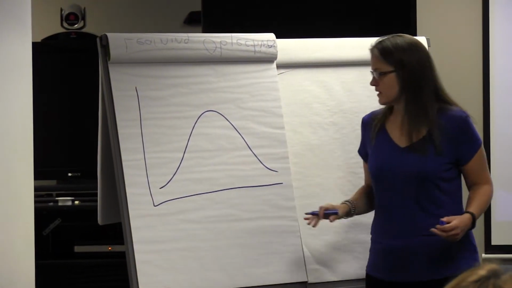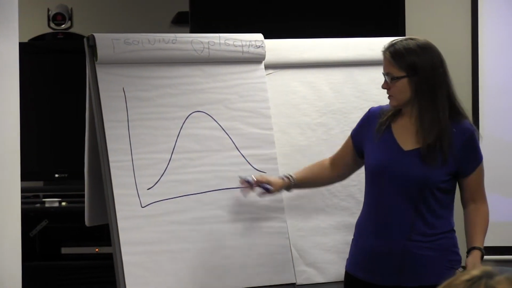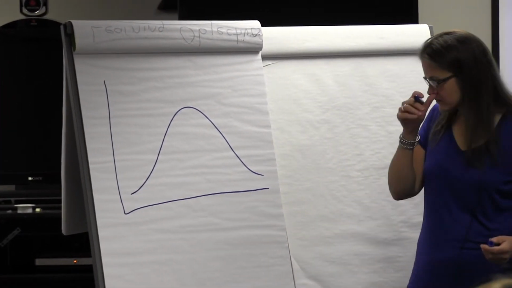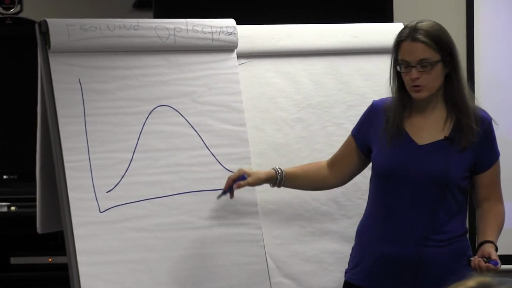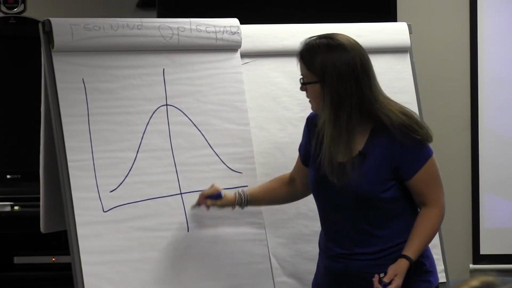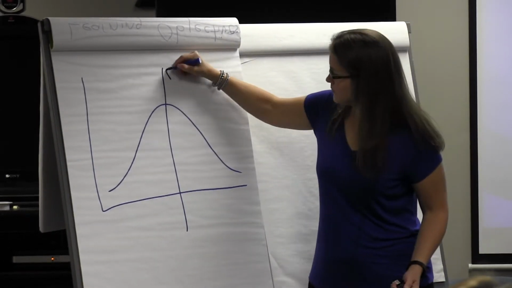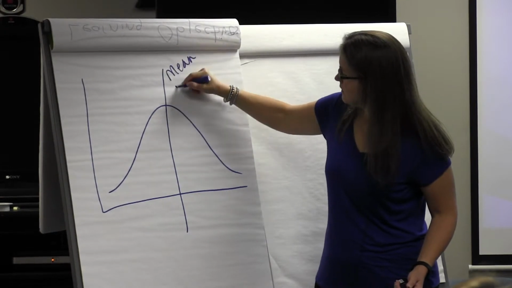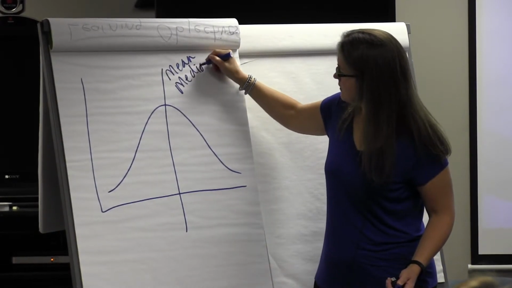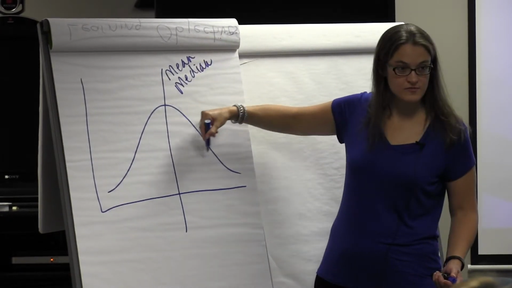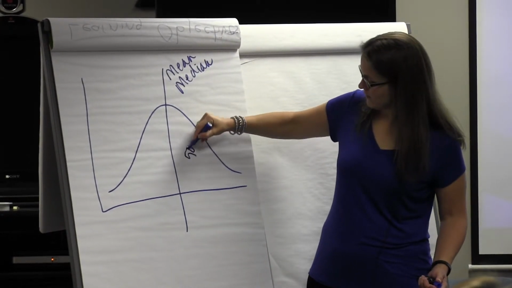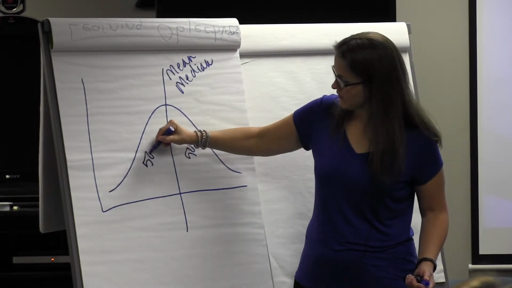So this is approximately what a normal distribution would look like. When the data are normally distributed, this point through here represents the mean, the median. And you can see why it's the median, right? Because 50% are over here and 50% are over here.